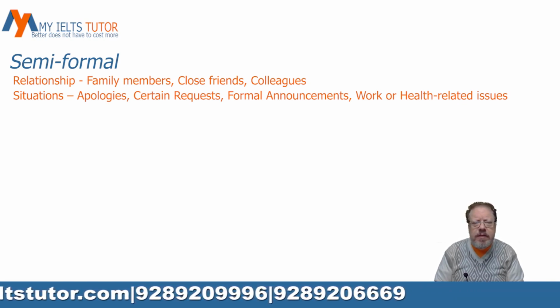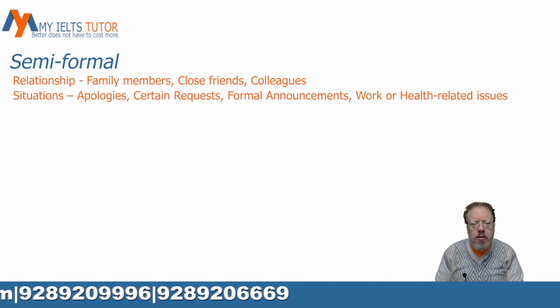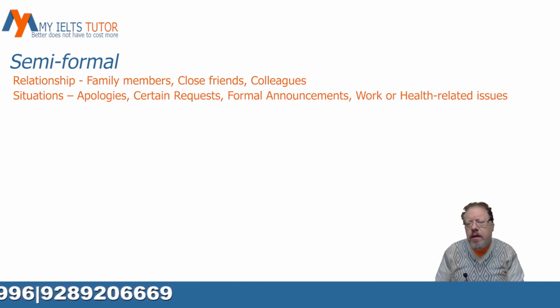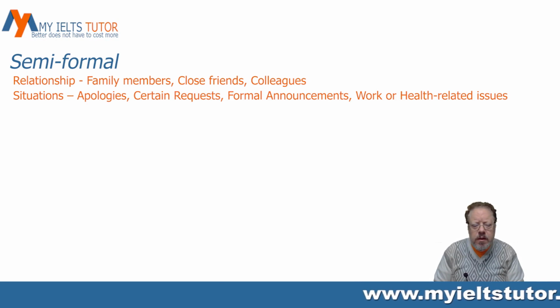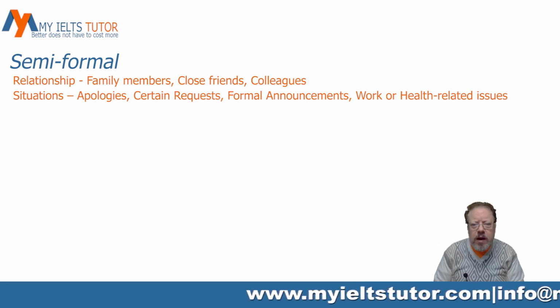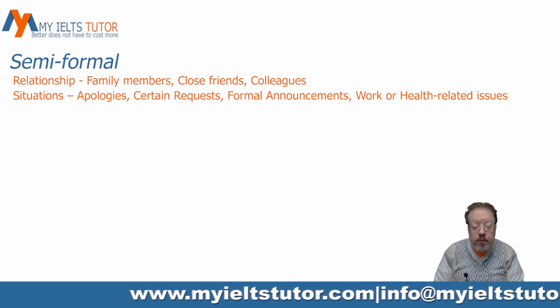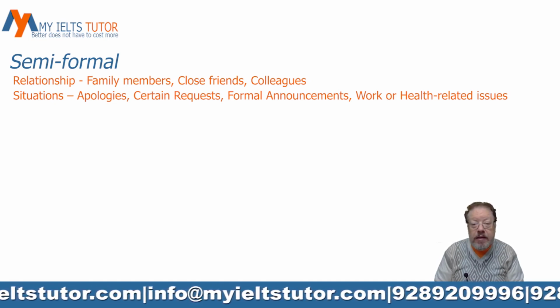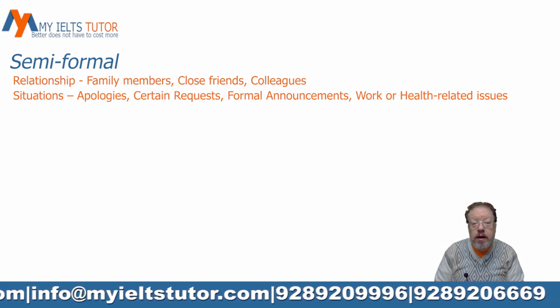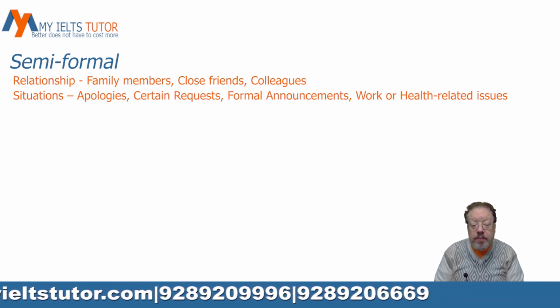If you want to borrow an item, say, some type of tool or something, or ask for a recipe, you could be personal, but certain requests such as loans, you might want to consider writing semi-formal. Formal announcements, again, such as weddings and births, you might want to take a semi-formal approach rather than personal.